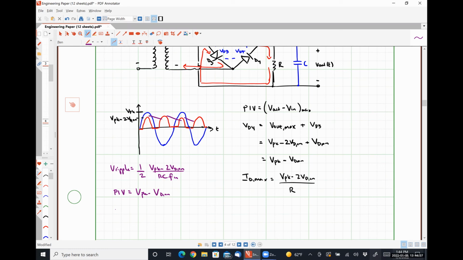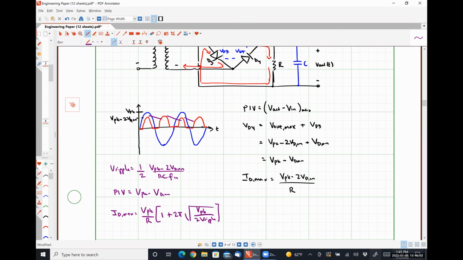And according to the textbook, maximum diode current of V peak over R times 1 plus 2 pi square root of V peak over twice V ripple. So that value doesn't change.